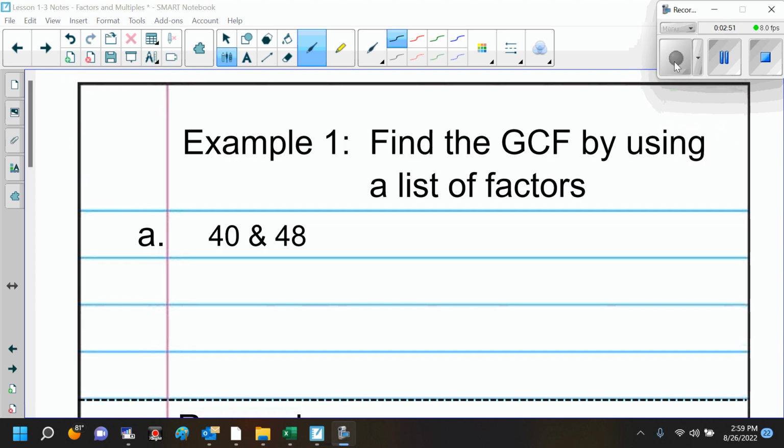So example 1 is find the GCF by using a list of factors. So GCF again stands for greatest common factor. All right, so we're going to multiply, what can we multiply to get 40?